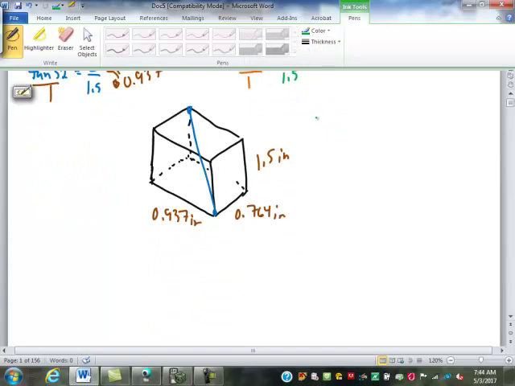So now how do we find the length of the cut? There you go. So 1.5 squared plus 0.937 squared plus 0.764 squared, then all square rooted.